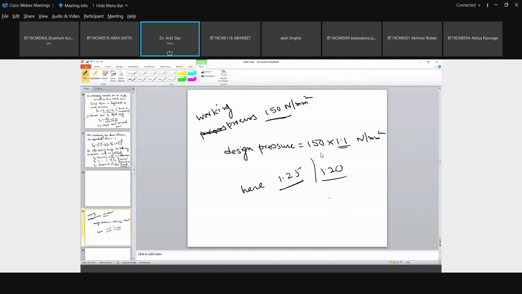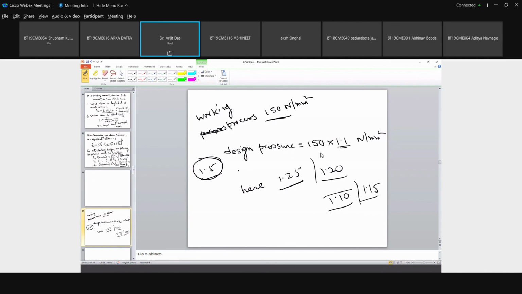If it is not, then you can take 10% more than that. You can take 1.15 or 1.12. But we will never take 1.5 because it will unnecessarily increase the material cost. Due to this factor of safety, the thickness of the material will be high.